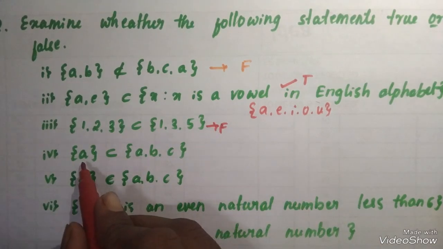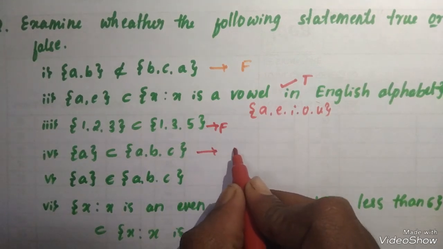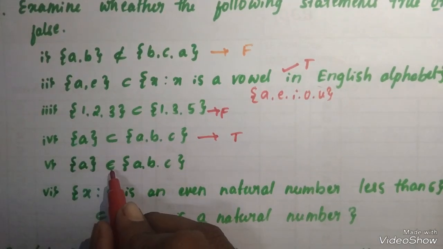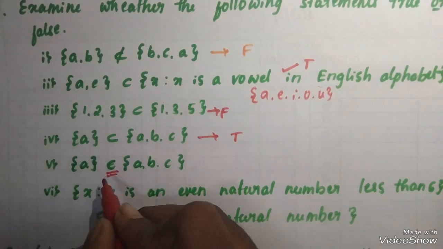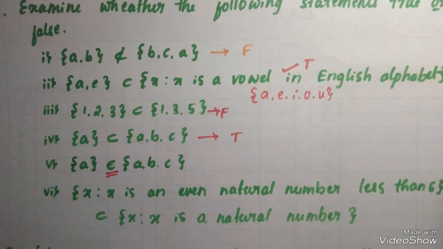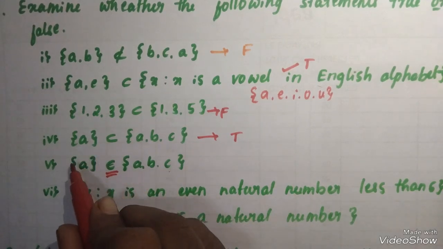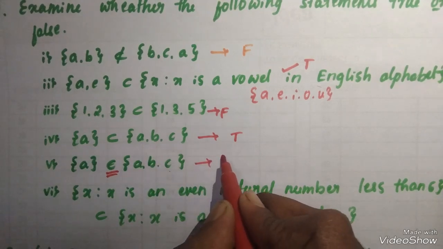Then the single set {A} is a subset of {A, B, C}. Yes, it is true. Here, A belongs to {A, B, C}. Belongs is about elements. Here {A} is a set, but a set is not present here, therefore it is false.